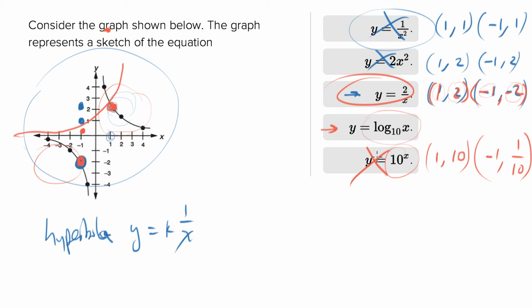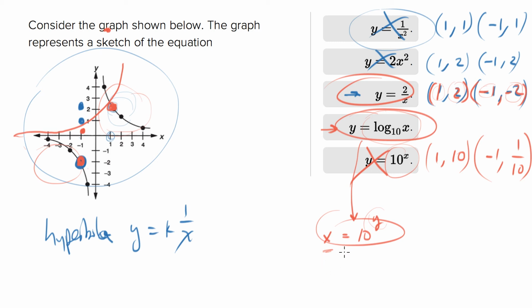Now, logs. What does a graph of a log look like? Remember that this is the same as the relationship x equals 10 to the y. I'm just using the definition of log to translate this. These are the same representations. For any given value of x, what does the power have to be on a 10 in order to give you that?